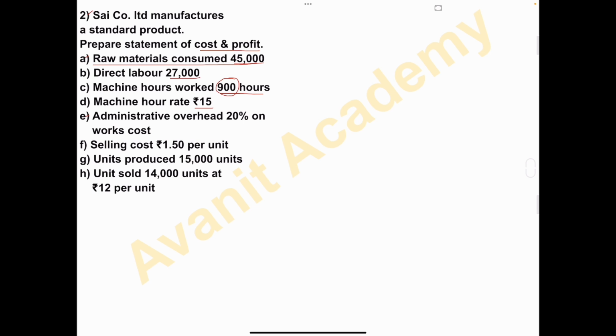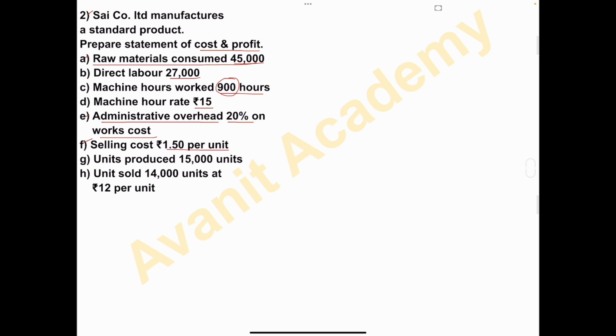Point E. Administrative overhead is 20% on works cost. So administrative overhead, how much we have to charge? 20% on works cost. So whatever the works cost amount we will get, of that 20% we have to take as administrative overhead. F. Selling cost is rupees 1.50 per unit.